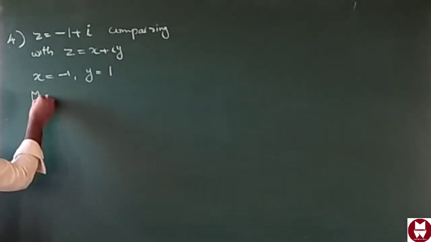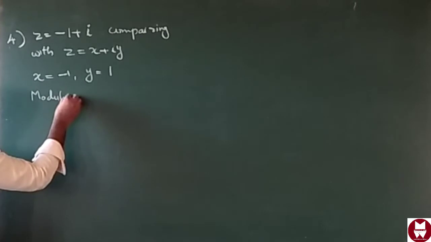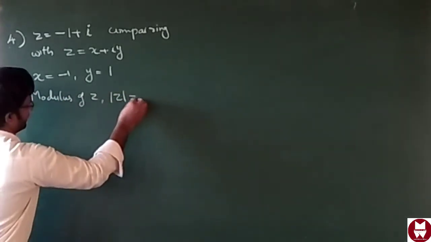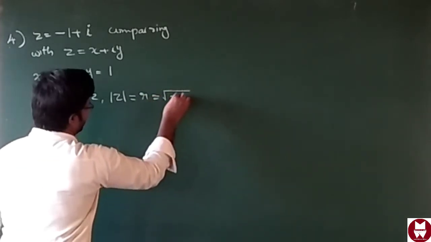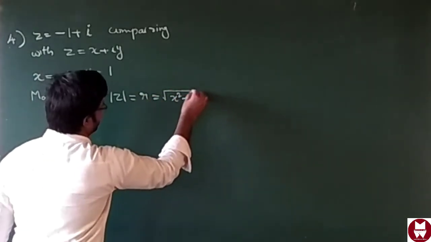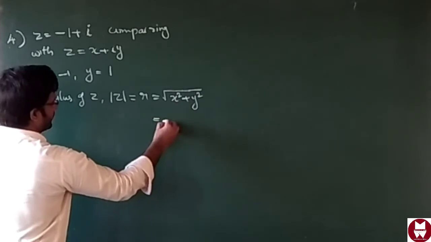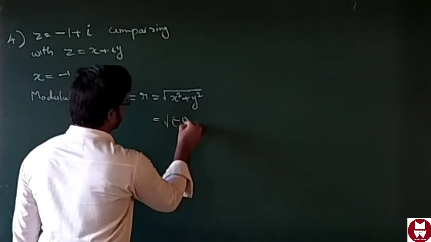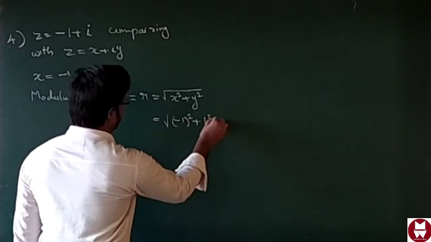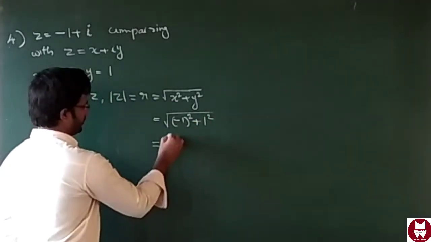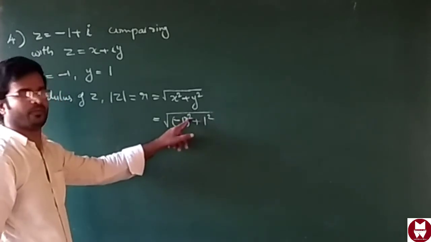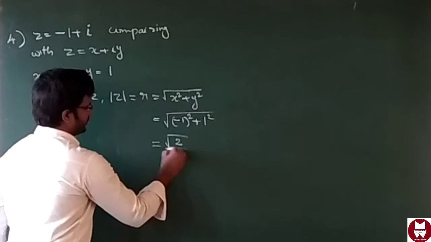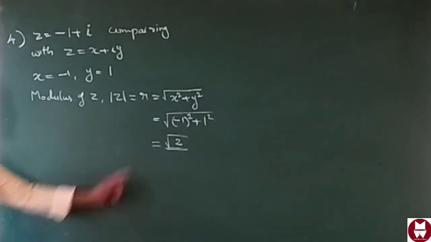Then first find the modulus of z, that means r equal to square root of x square plus y square, equal to square root of minus 1 square plus 1 square, equal to square root of 1 plus 1, that is 2. We will get modulus of z as root 2.